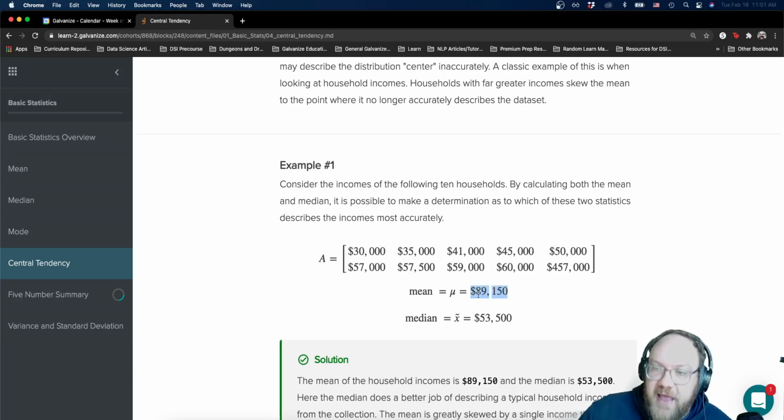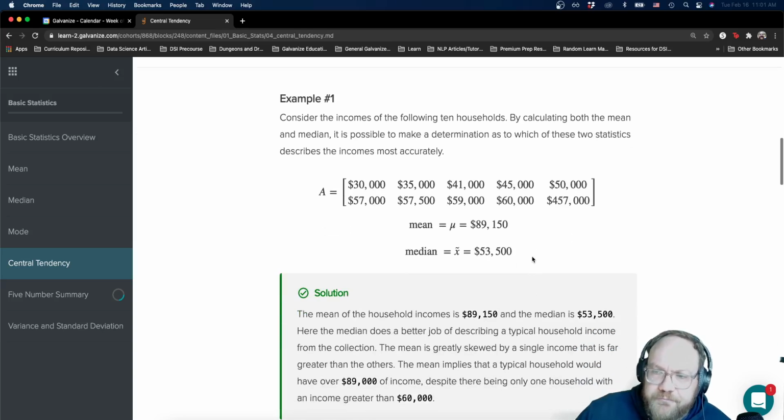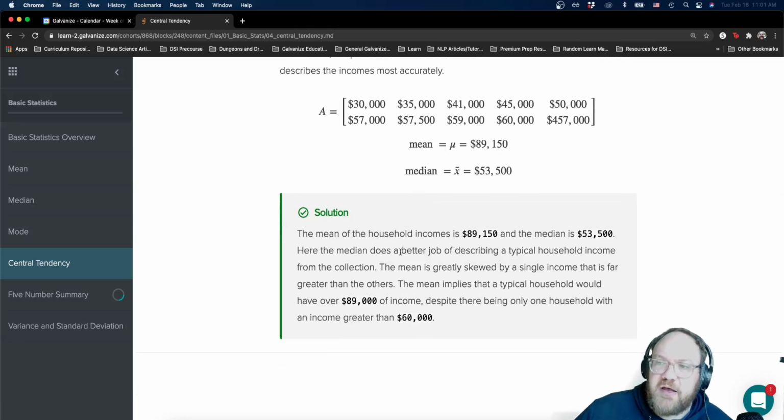This $89,150 doesn't really describe any of the data in our data set very accurately. It doesn't describe this lower grouping very accurately, nor does it describe this outlier very accurately. So in this case, it's likely that we're going to choose the median because it is the best representation of our data set when we're trying to describe it.